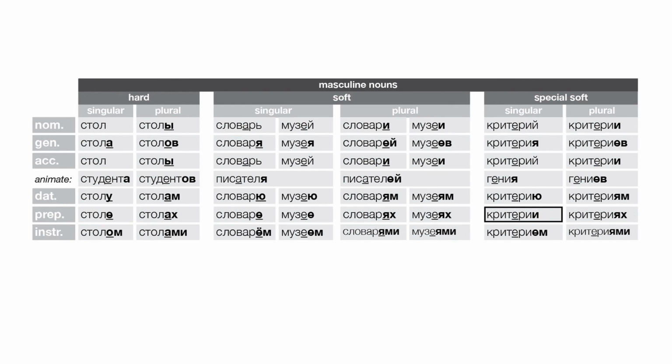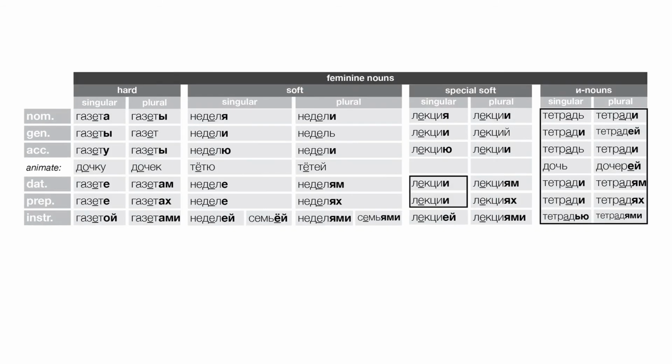And by the way, to back up for a moment to the feminine nouns, I didn't mention, what about feminine animates? Are those important? Yes, they are, but only in the accusative plural, right? So look at those forms. Dochka is actually a diminutive form meaning daughter. So in the accusative singular, that acts like any feminine noun, dochku. There's nothing special about animate feminines in the singular, but in the plural, right, just like animate masculines, they look like genitive plural endings, right?